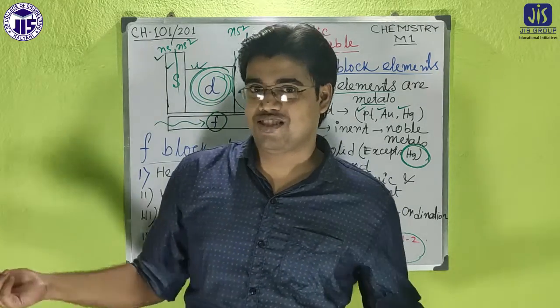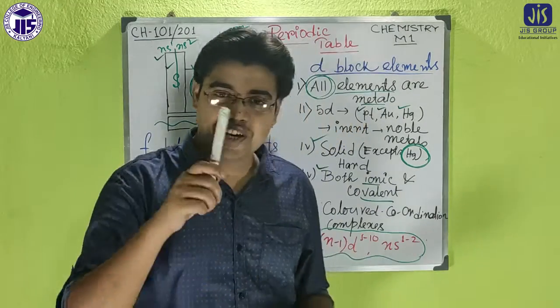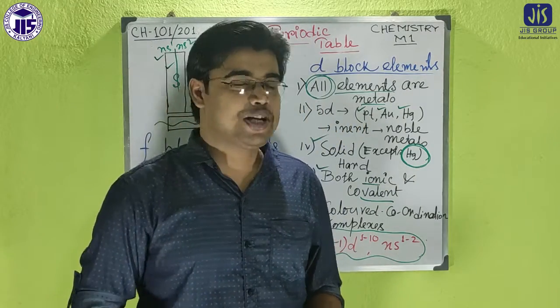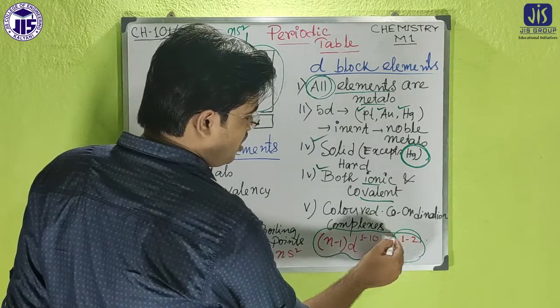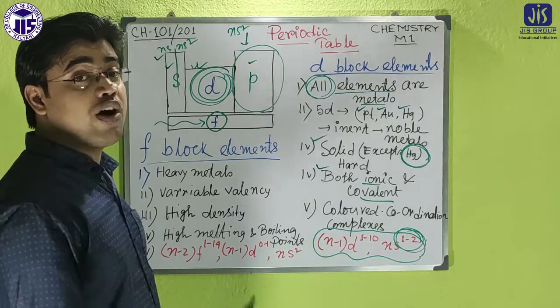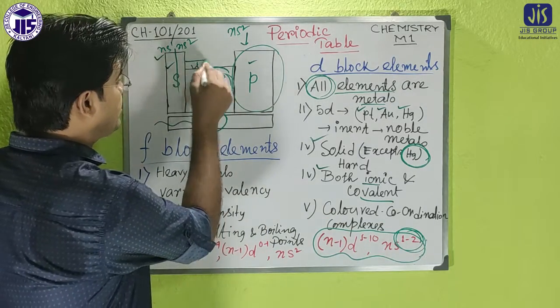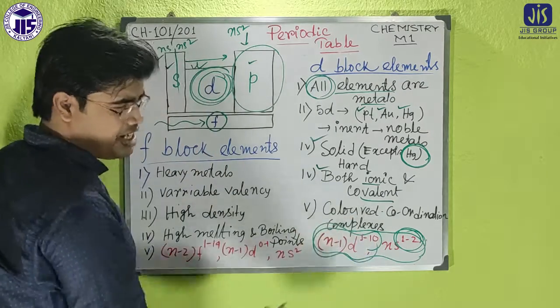According to the n plus l rule, for 4s, 4 plus 0 is 4, but for 3d it is 3 plus 2, which is 5. So as expected, 4s is filled first. That's why here 4s varies only from 1 to 2. The outer electrons come one by one, when you move from left to right, into the (n-1)d, maybe 3d, maybe 4d.